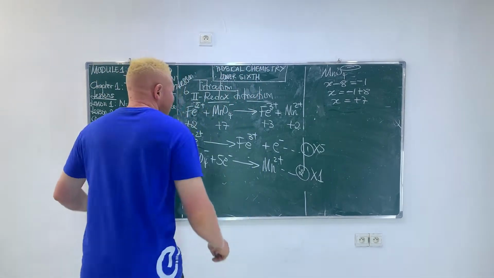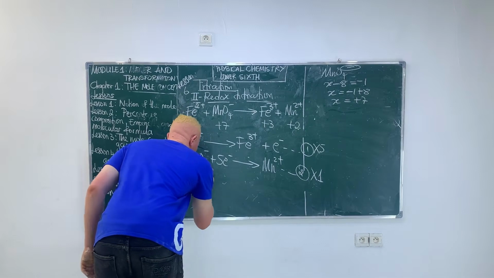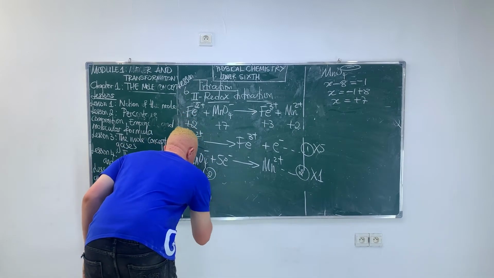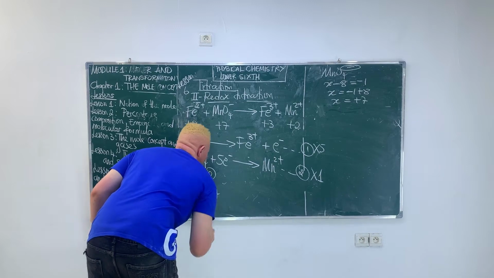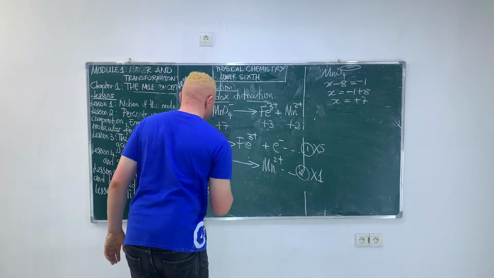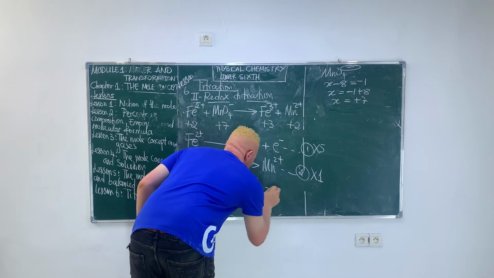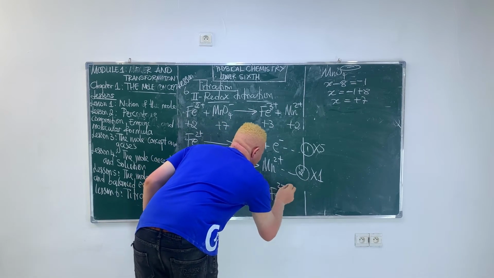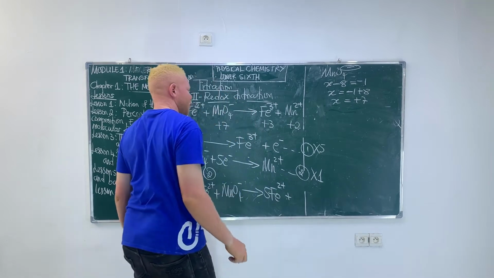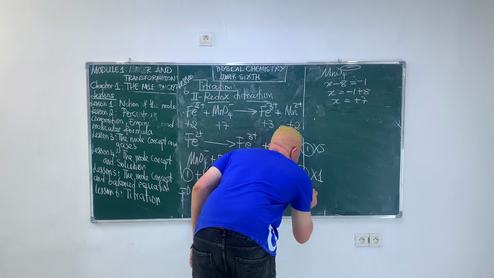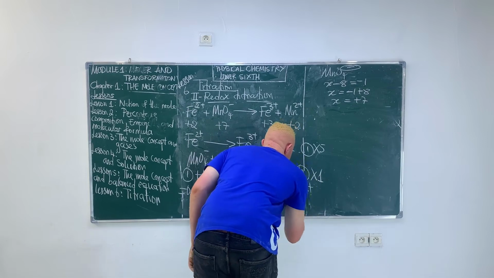So equation 1 plus equation 2, and what you have is 5 Fe2+ plus the permanganate ion, giving 5 Fe3+ plus the manganese ion.